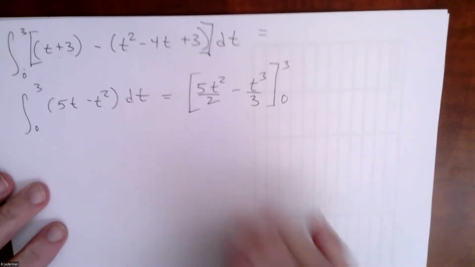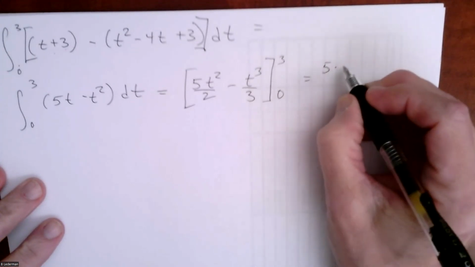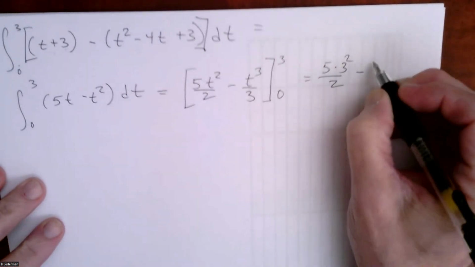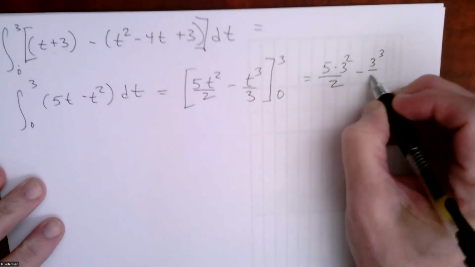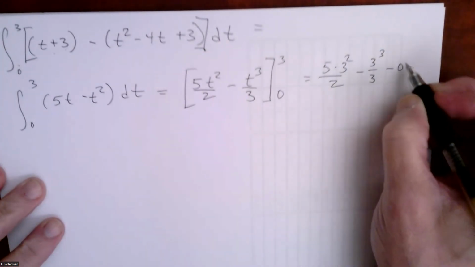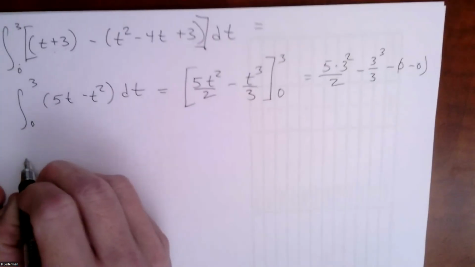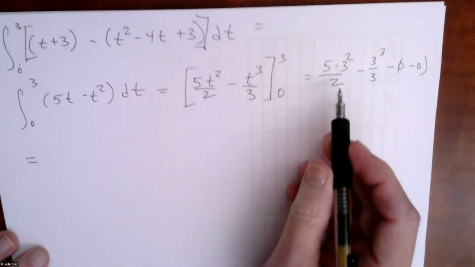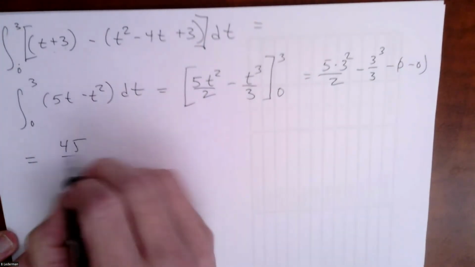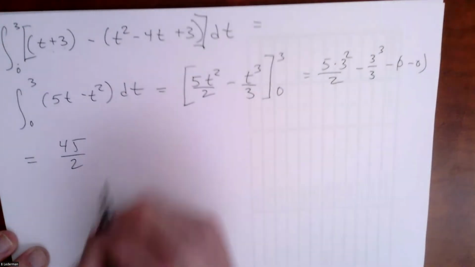This is now going to equal 5 times 3 squared over 2 minus 3 to the third over 3, and then minus 0 minus 0. And that just equals 5 times 9 over 2, so this is 45 over 2 minus 27 over 3, which is minus 9.